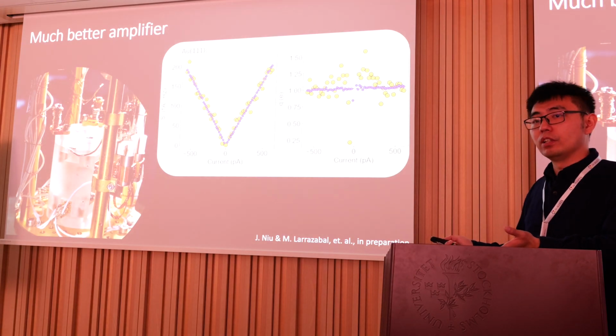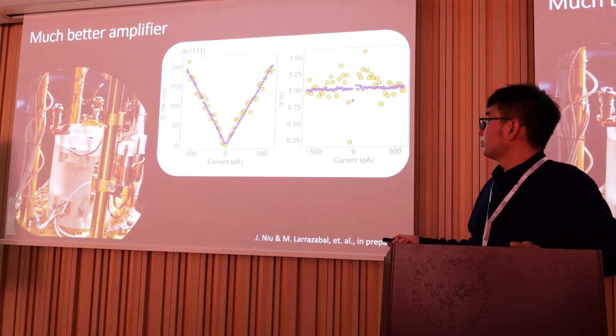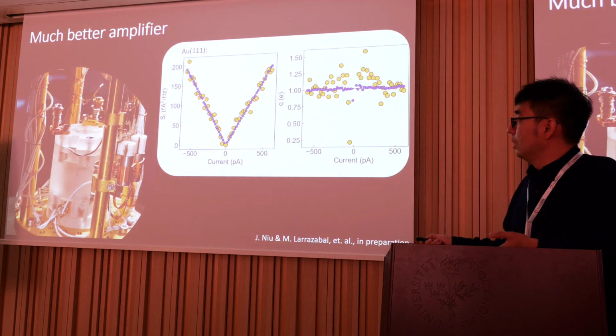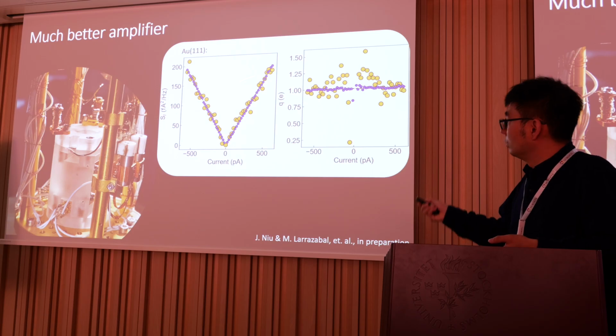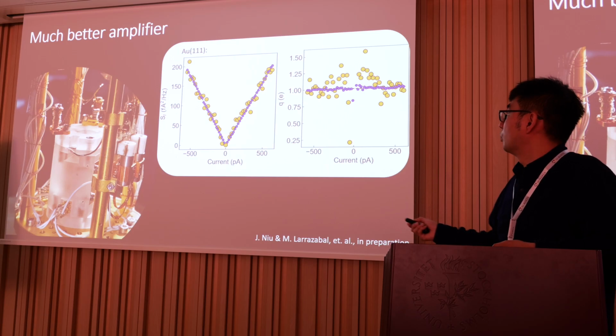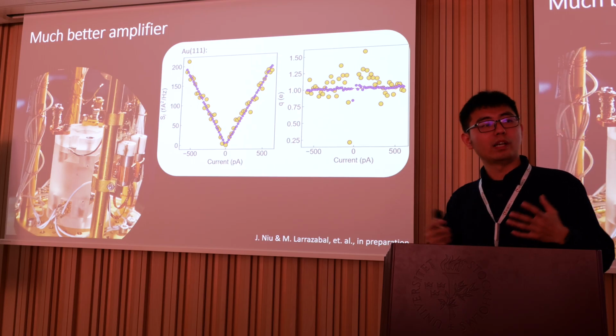And if you compare our newest resolution with the old one, for example, if you do the same experiment on gold, the blue dots are the new one, and the yellow is the old one. You can see that it becomes much better resolution. Actually, it becomes more than 20 times better.